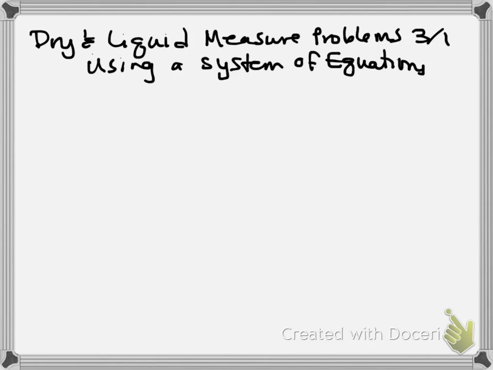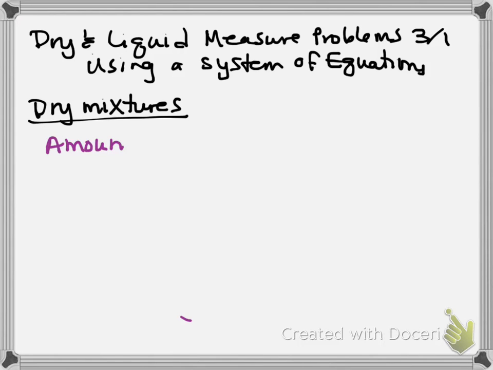Okay? So just as a reminder, with dry mixtures, we're going to be using this sort of equation to help us, and this is going to be at the top of our chart. So the amount or quantity times the cost per unit equals total cost.